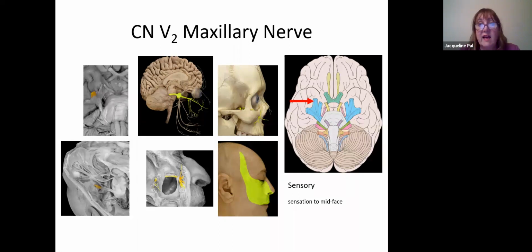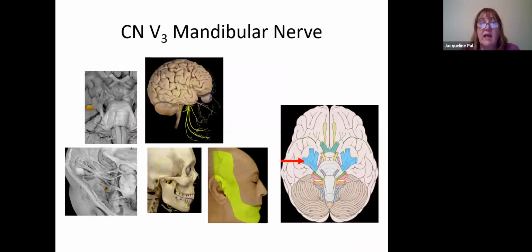component. But V3 is actually a mixed nerve on its own. It contains both sensory and motor. So if we look at the bottom left picture, what you'll notice is the V3 branch is exiting the cranium through the foramen ovale. And then from there, it's going to enter the mandible through the mandibular foramen on the inside of the mandible, then travel within the mandible, and it will exit down here in the mental foramen.